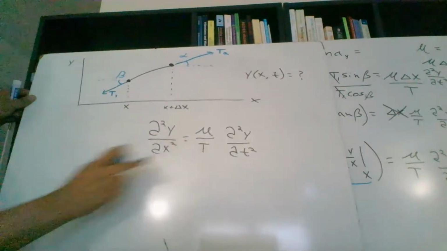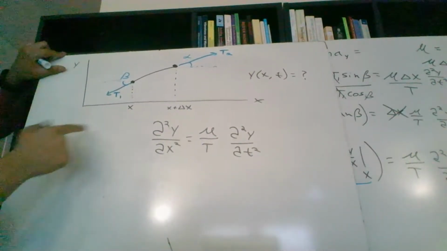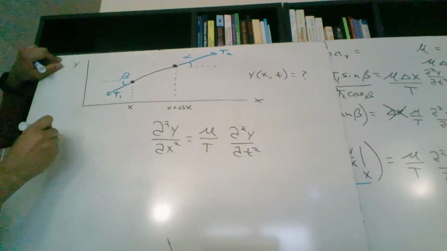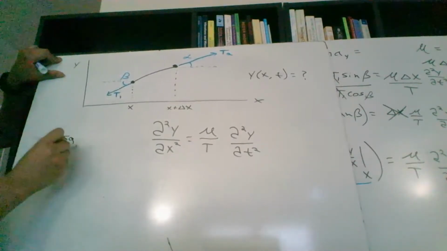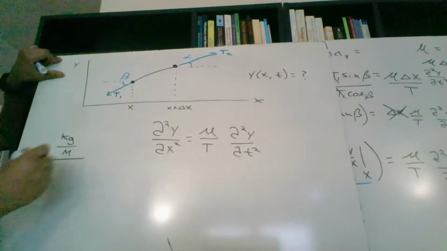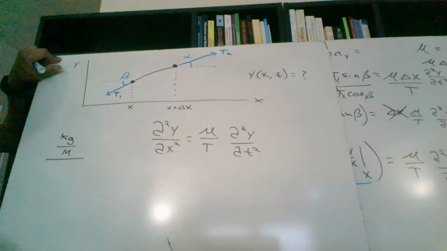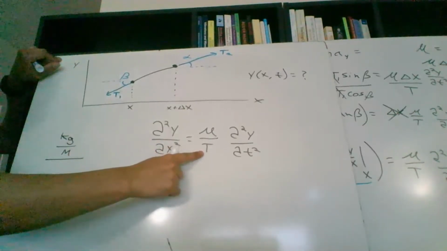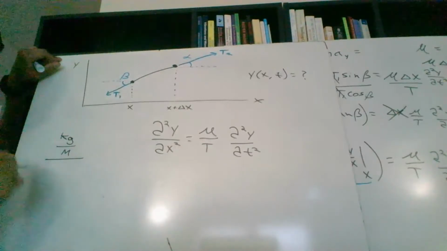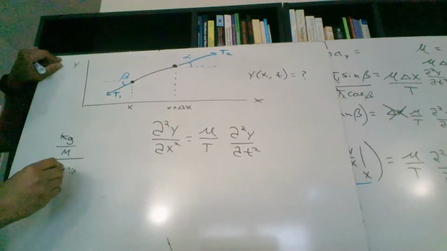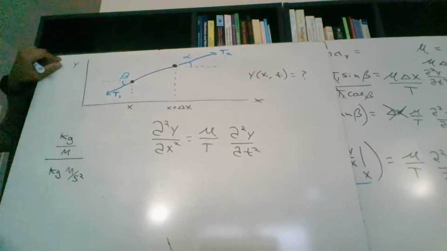So let's talk about the units of mu over tension. Mu is mass over length, so it's kilograms divided by meters. We're going to divide that by tension. Tension is a force, a Newton, and a Newton is kilograms times meters per second squared.